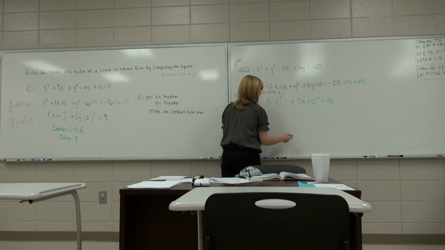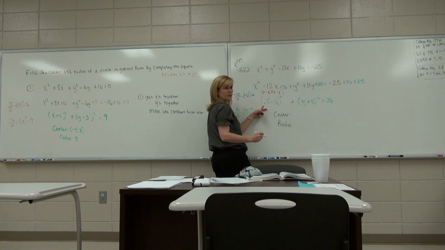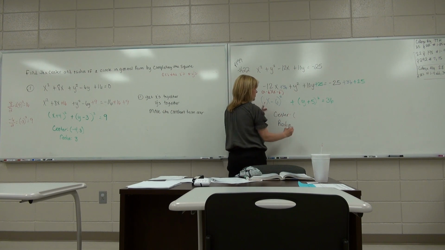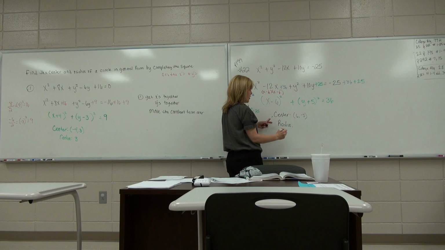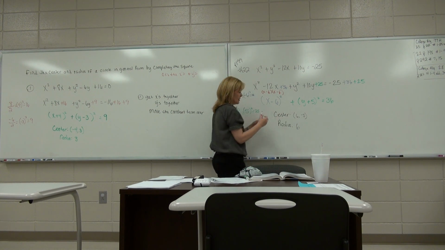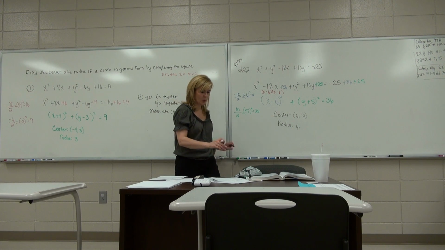So now let's get my center and the radius. What's the center going to be? Positive 6, negative 5. And my radius would be 6. Everybody good there? Alright, let's see if you can do one here real quick on your own.